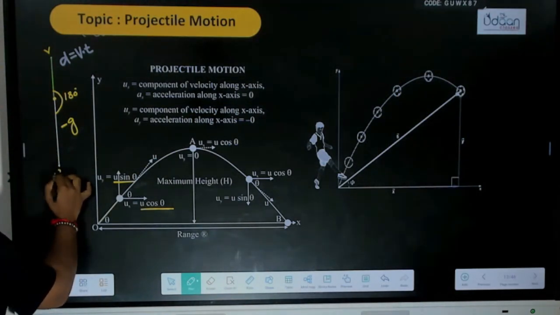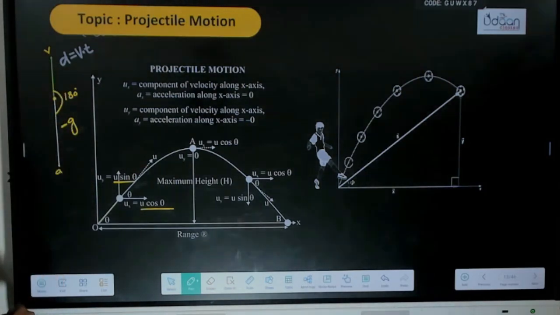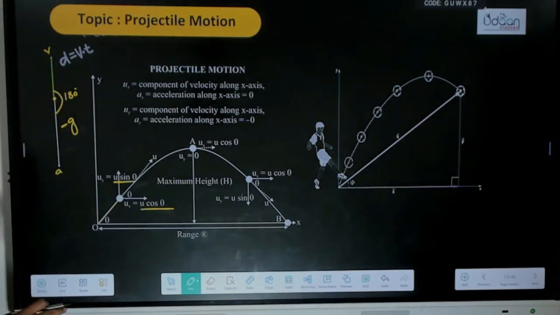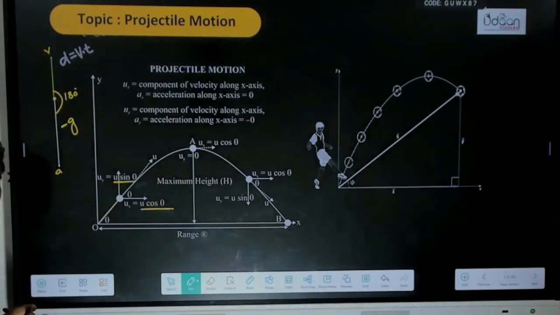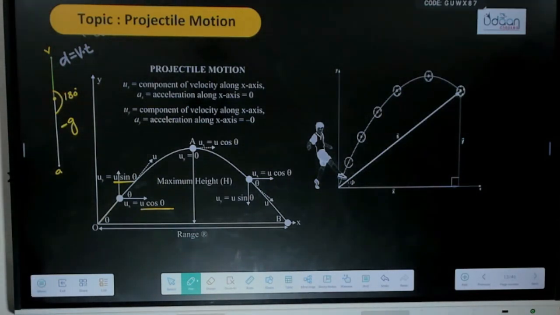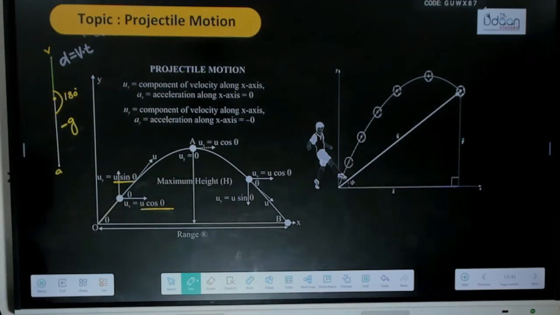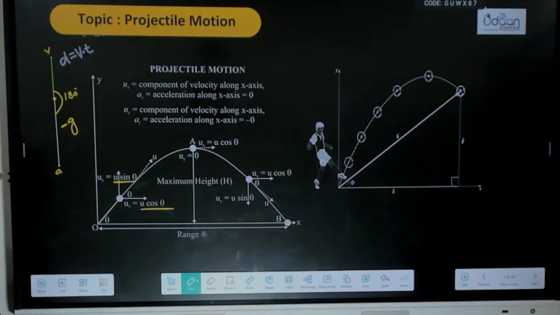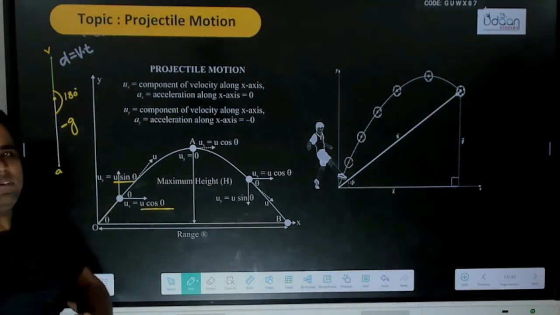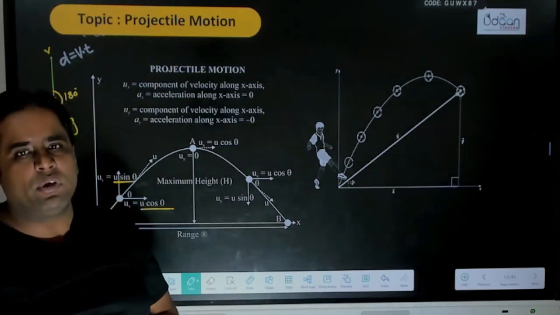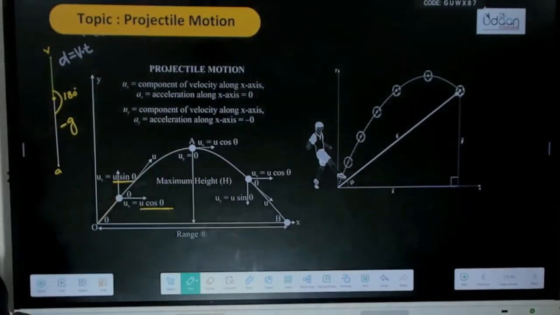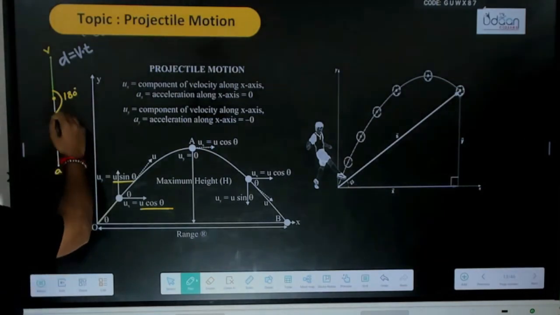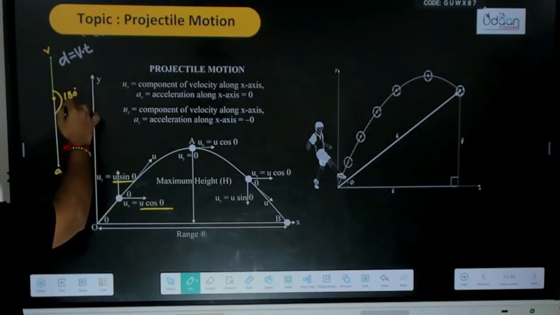This is the acceleration, this is the velocity, and due to acceleration and velocity, the object either gains speed or loses speed. It will gain speed when both make 0 degrees with each other, and it will lose speed when the angle between the two vectors is 180 degrees. So here you are watching that the angle between the two vectors is 180 degrees.